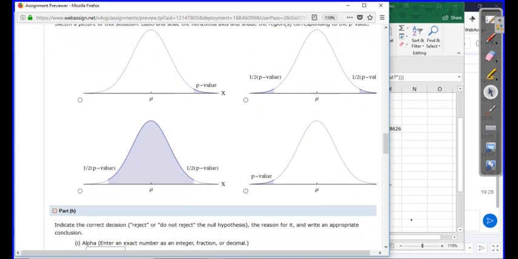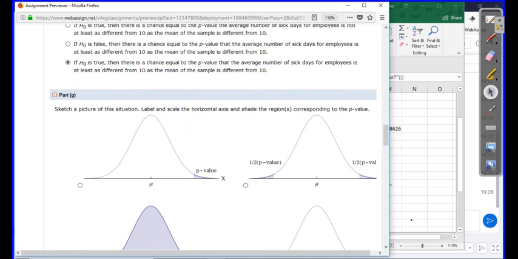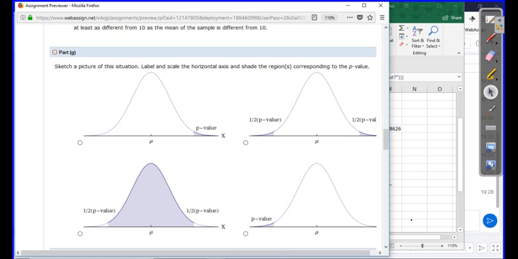Well, it's a two-tailed test. So that means that we're looking for a p-value that is outside of the confidence level. And so we choose this second one right here to represent that, because the shaded area corresponds to that p-value. If our population mean is actually in those shaded areas, then that's our probability of being wrong about that.